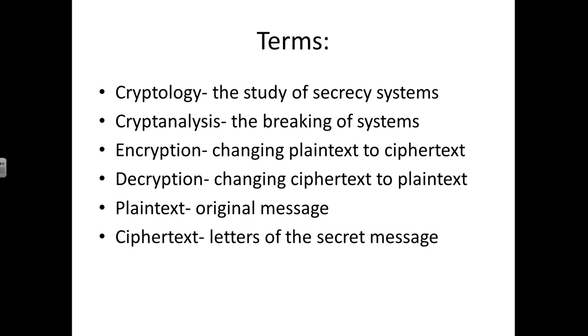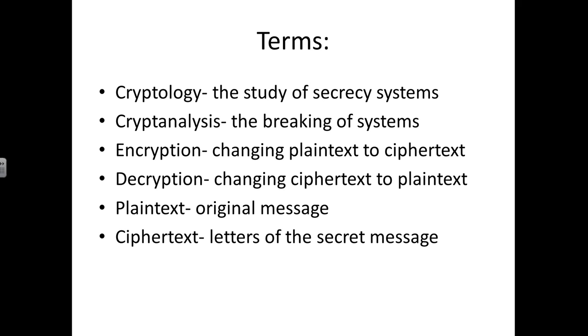So, here we go. First we are going to learn some terms in order to be able to encrypt and decrypt the systems. Cryptology is the study of secrecy systems. Cryptanalysis is the breaking of systems, which is encryption and decryption, which is what we are going to talk about.